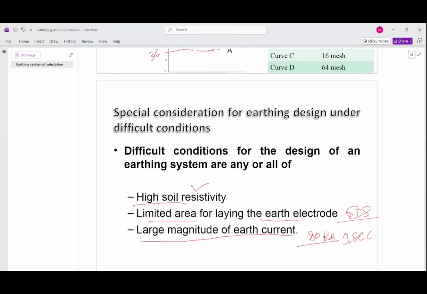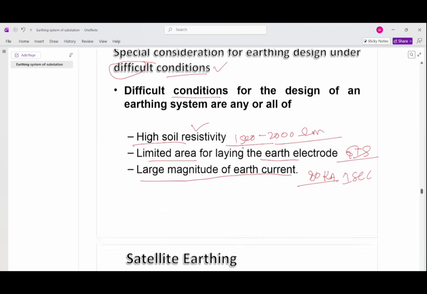Soil resistivity may be 1500 to 2000 ohm meter, which is also a critical area. So difficult conditions for earthing design are very important.